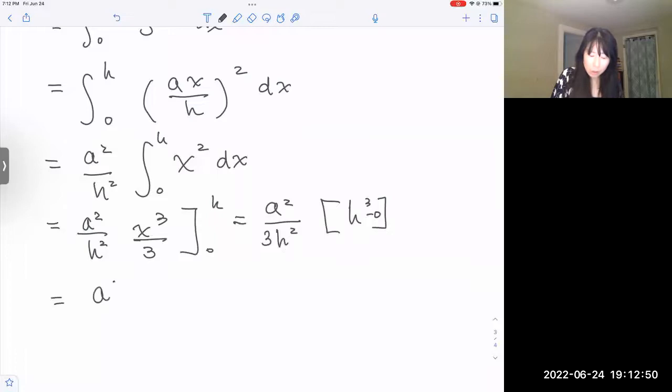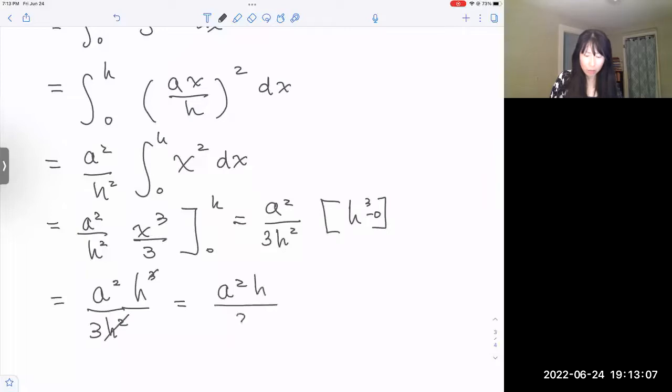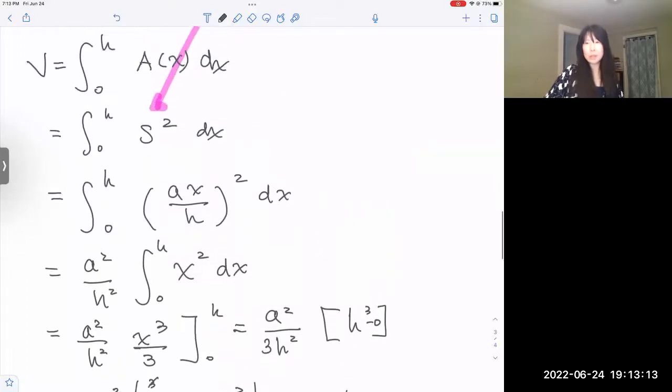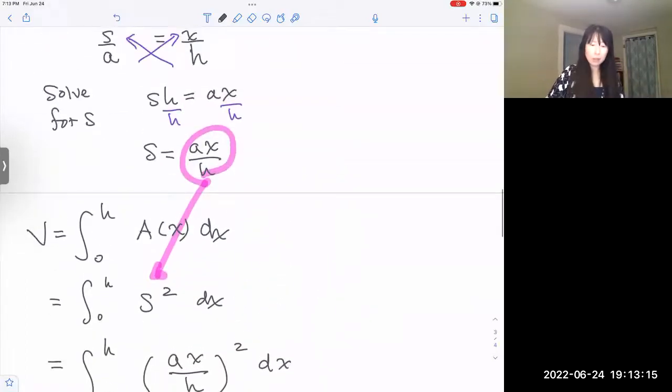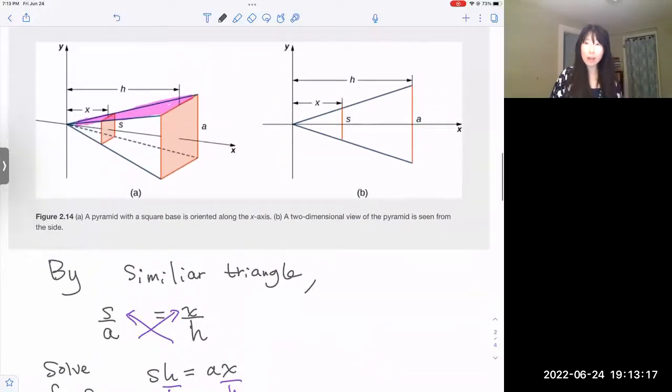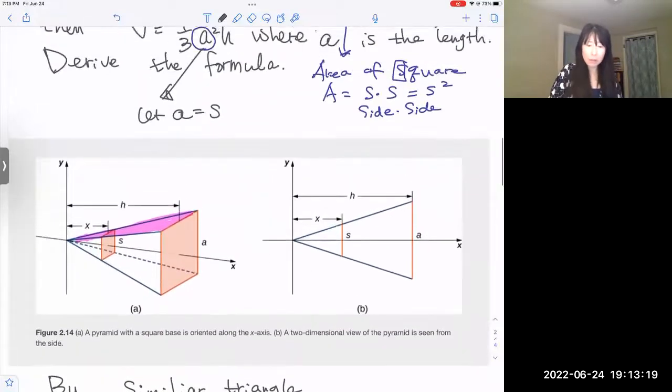We have a squared over 3h squared, then h cubed, then a squared h over 3. Yeah, this is the volume, the same volume which we started with in the beginning, right? So here we derive the formula.